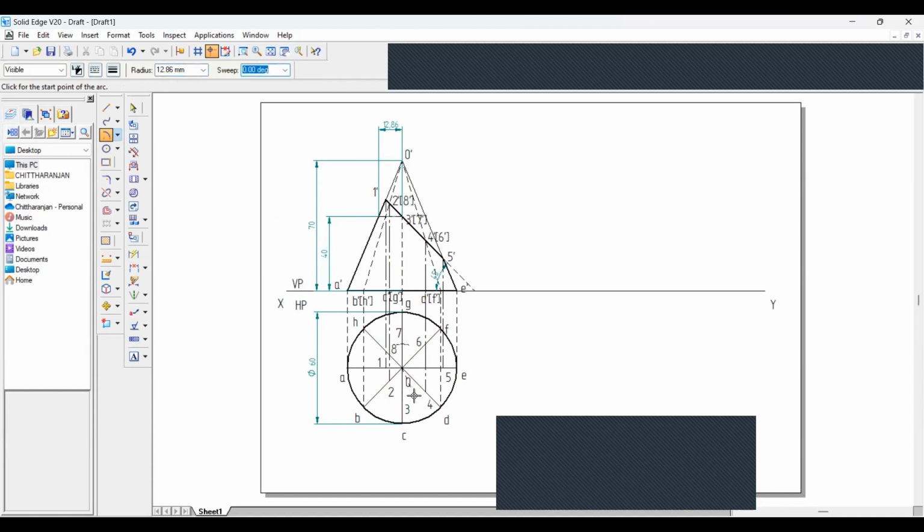So we have intersection points. Now join the lines.